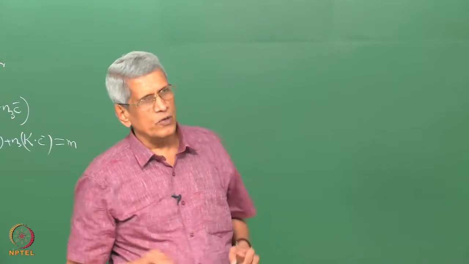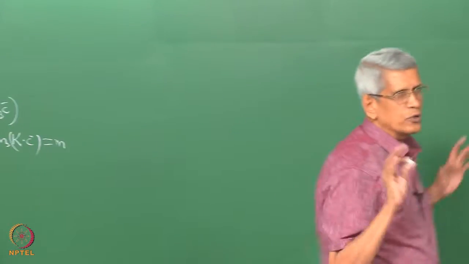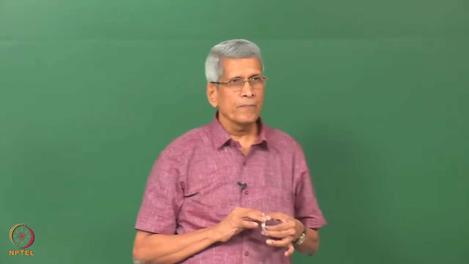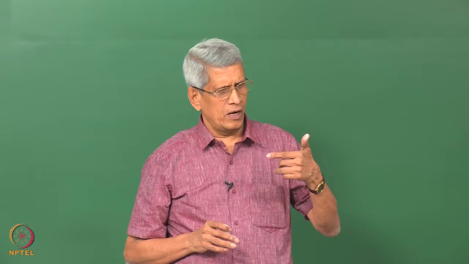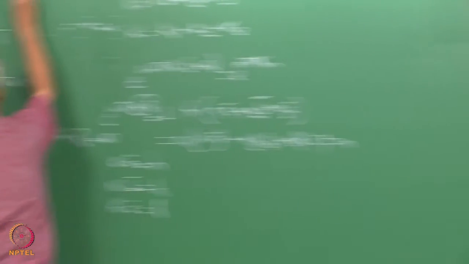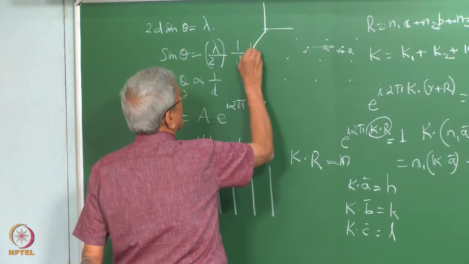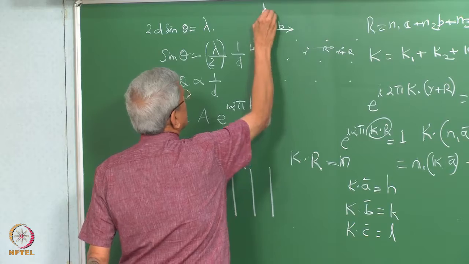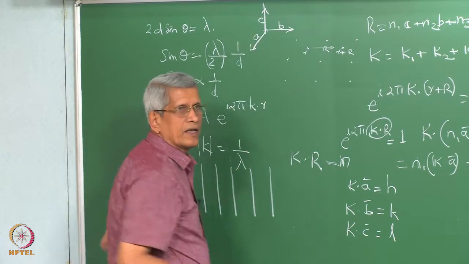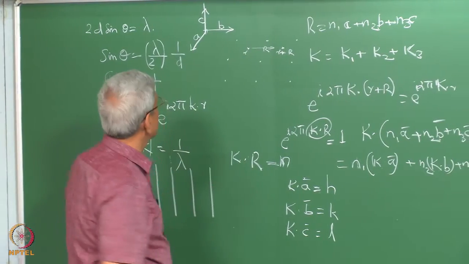Suppose we wanted to find out what k1, k2, k3 are. Since we know the axes which we have chosen here, suppose we draw it like this, this is A and this is B and this is the C axis of the unit cell you have chosen.